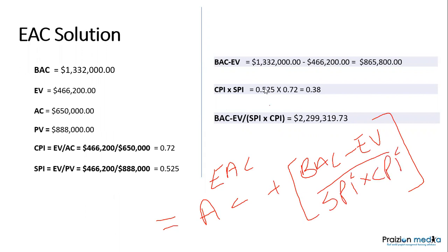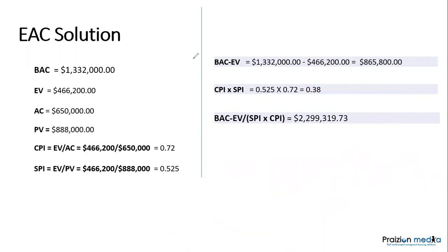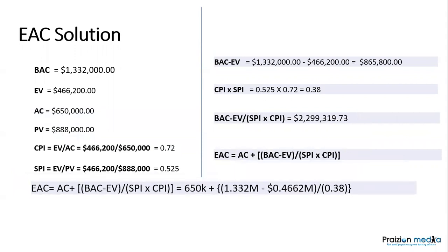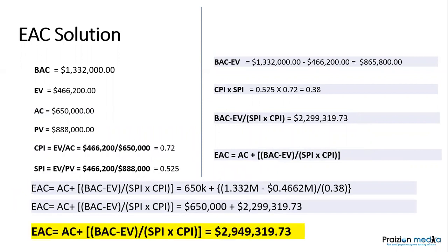So we're going to plug this number in right here, and then we've got the actual cost that we're going to plug in right there. So doing that, we obtain the full formula and the addition, and that gives us the big number of 2.949 million.